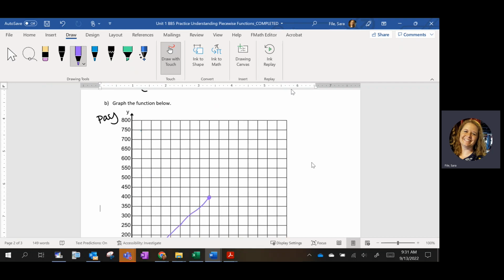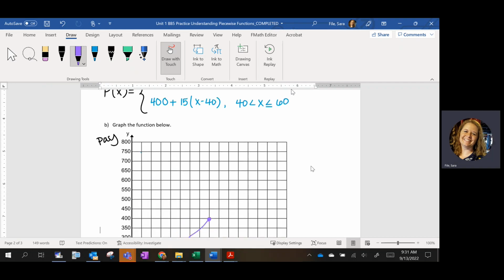So then the second piece, now you might actually want to simplify this to help you sketch the graph. You'll want the actual slope and everything. The slope is what? Yeah, for this one, it's going to be 15, because if I simplify this, I'm going to just come over here and do that so it doesn't mess up where we have our piecewise written.